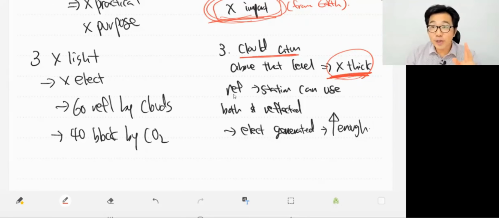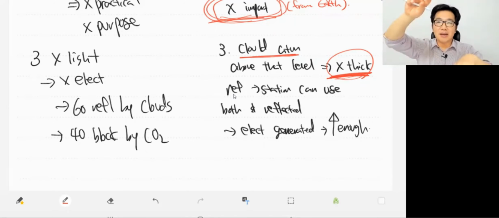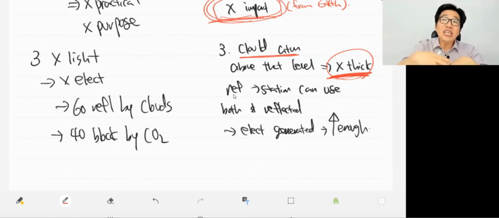And second, this was really interesting. You can actually make use of reflected light. You need to understand this part. It's a little bit hard. So if you are at the surface level and the light is reflected back into space, you cannot use that, because sunlight reflected back into the atmosphere doesn't reach the surface level.